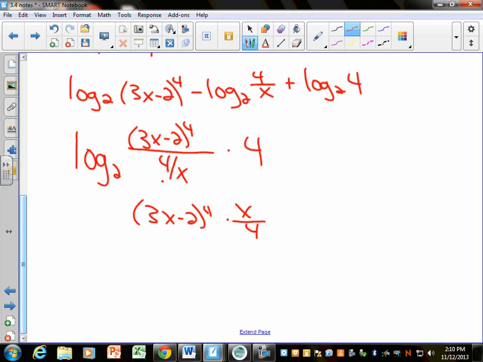And then I still have that times 4 out there also. You with me on that? Can I cancel those out? Do I have anything left in the bottom? No. Which means the simplified answer here would be log base 2 of x times 3x minus 2 to the 4th power.